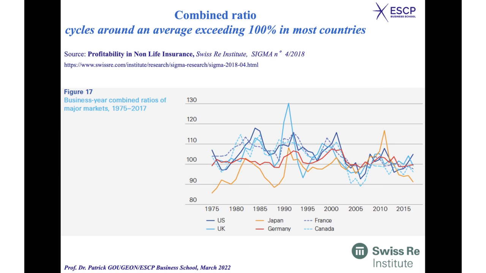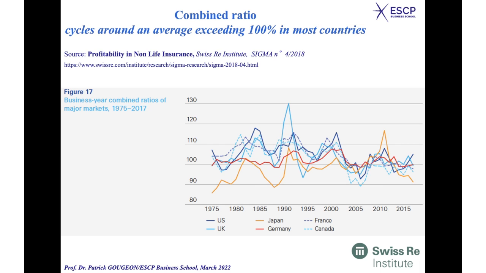So you have different mature countries here: US, UK, Japan, Germany, France, and Canada. And you see the combined ratio. Remember the combined ratio, we've just seen it. It is the ratio of total expenses, claims as well as operating expenses, over premiums. If it is above 100, it means that companies have an operating loss. What can you see here?